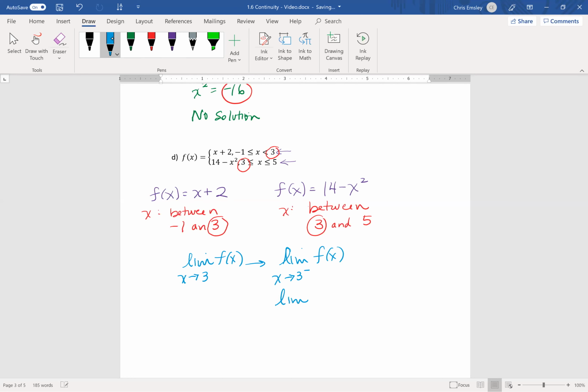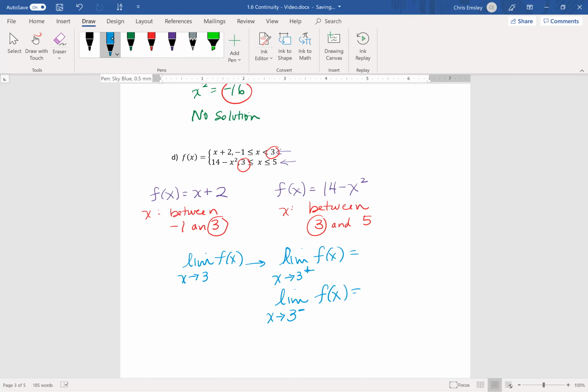And we also need to look at the limit as x approaches 3 from the left. I did mix it up again. That's what you get, right? We need to look at it coming in from the right and coming in from the left. If those two values are equal, then we know we're continuous at 3. If those two values are not equal, then we're not continuous at x equals 3.